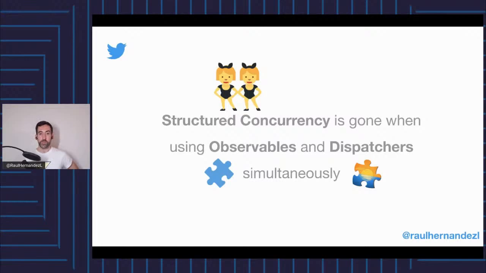The problem is that we are passing observables from one layer. In the lower layer you have those suspend functions, you return the type as an observable, but structured concurrency is not really possible there, because you change that to an observable, and this observable actually needs to have a lifecycle that needs to be covered and handled properly. So that's the main problem I see here.